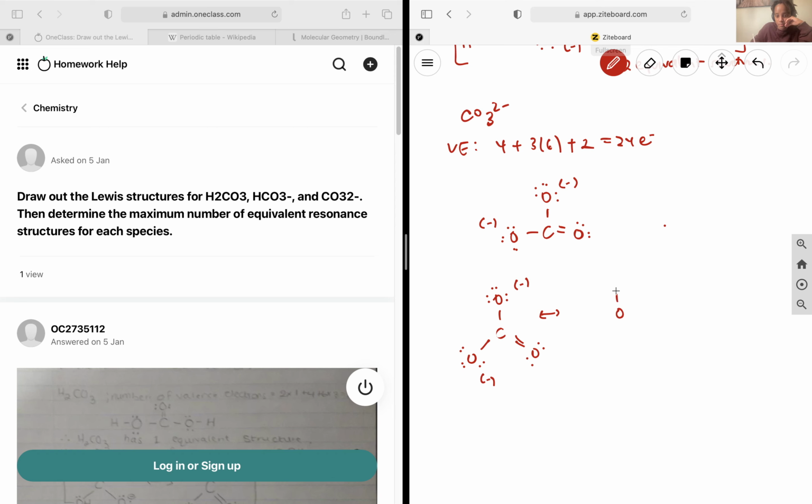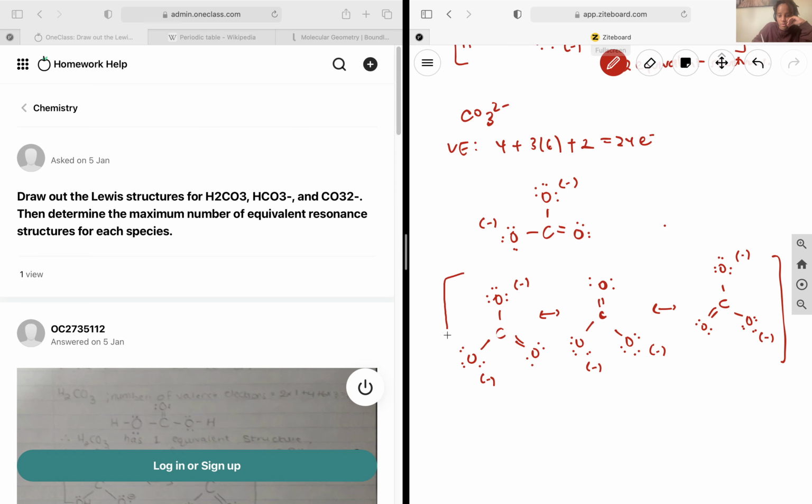And so the 2 minus charges would be down here. And lastly, we have if the double bond was here instead. And so you'd have the 2 minus charges here.